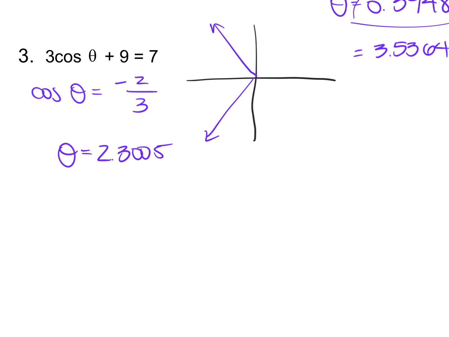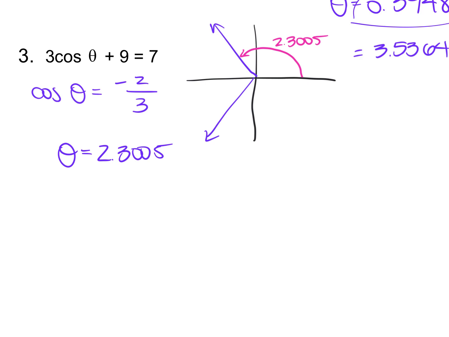This is the first one where that first answer does not give me the reference angle. Why is this not the reference angle? Because 2.3005 is that whole distance. Reference angles have to be less than 90 degrees, okay? So we have a couple options here.